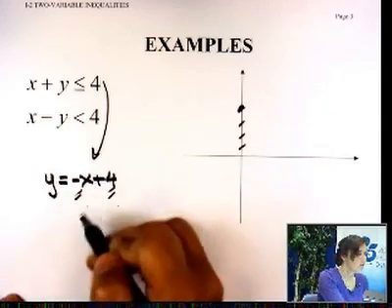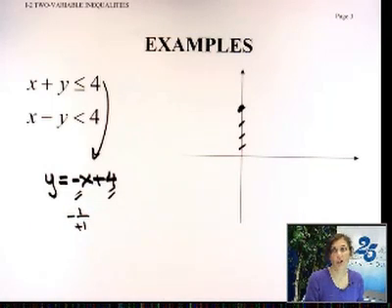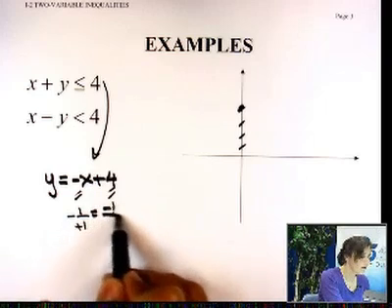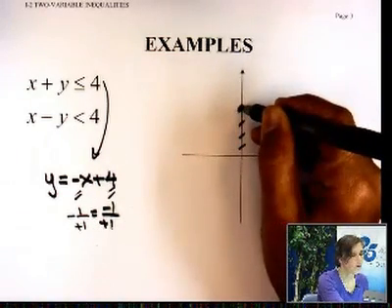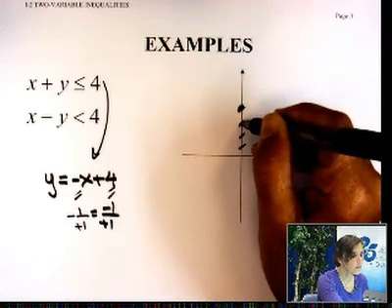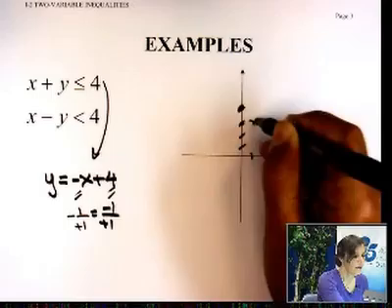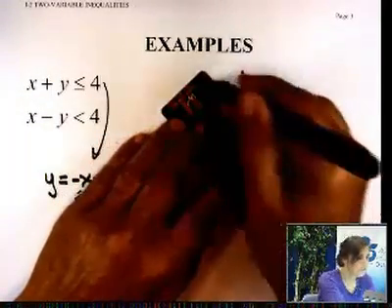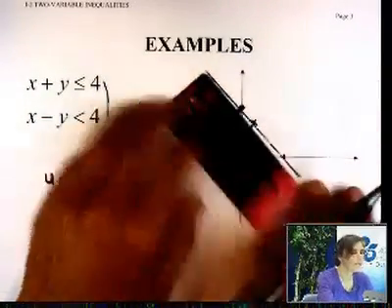You look at your slope, which is negative 1. Put a positive 1 underneath so that you can do the rise over run deal. This one is the same as negative 1 over positive 1, right? So negative 1 means you're going to go down. Positive 1 means you're going to go to the right. And what you're going to do is connect these two points. And since it's equal, it's going to be a solid line.